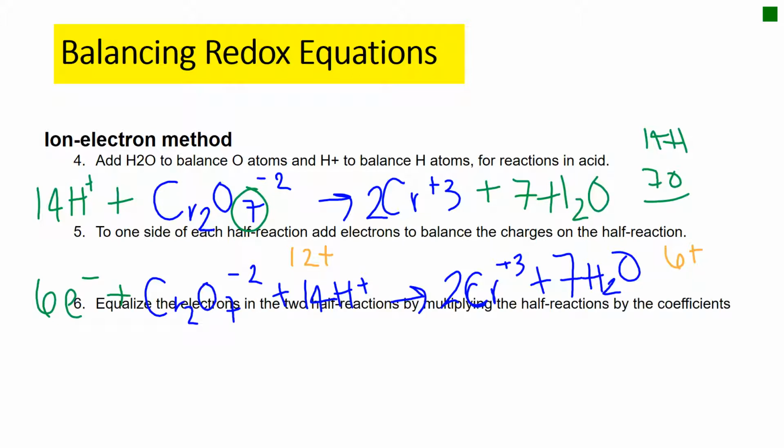Next, we are going to equalize the electrons in the 2 half reactions by multiplying the reactions to have the same coefficients. So our half reactions look something like this.